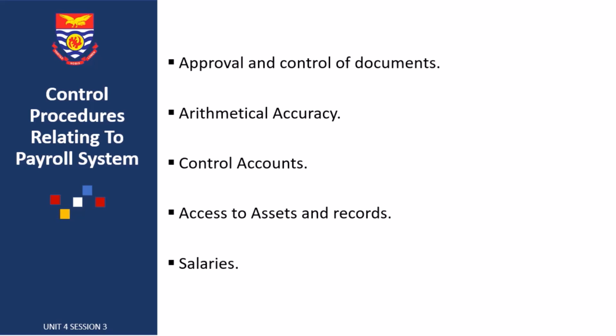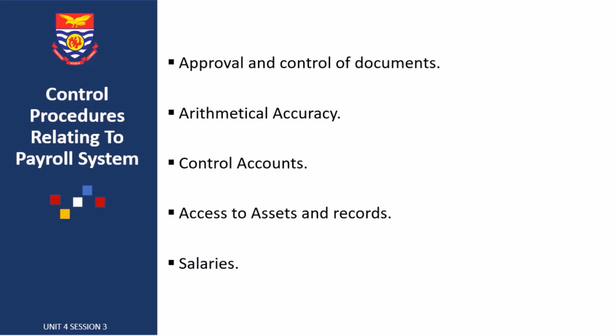Then the other control relating to the payroll system is access to assets and records. Where employees are paid in cash, there are a number of specific control procedures that have to be followed. So you look at the access to this information.